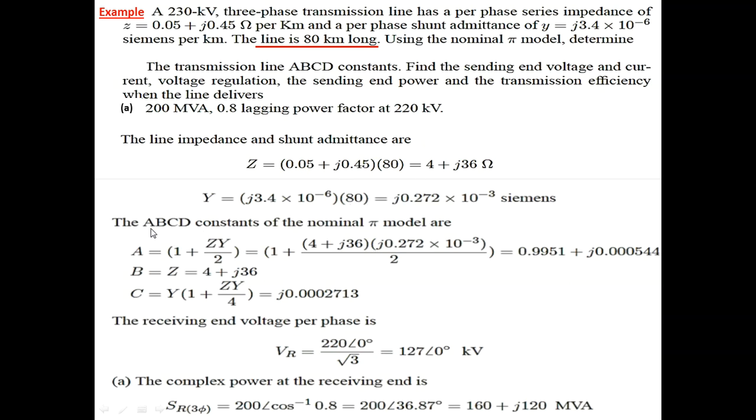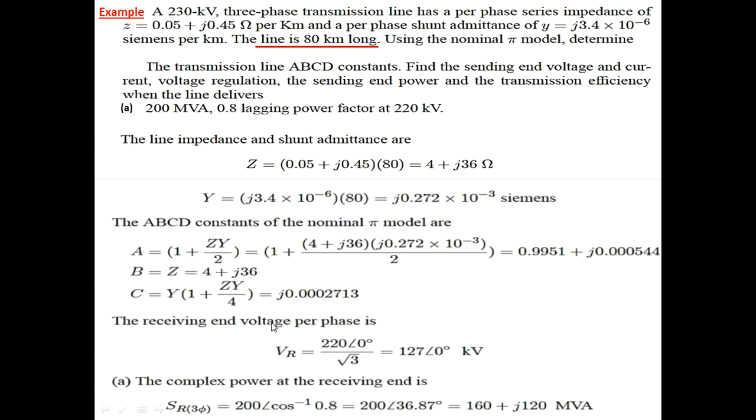For the ABCD constants, we use the formulas given before. So for A, we find 0.9951 + j0.000544. The same way we calculate B, we calculate C.